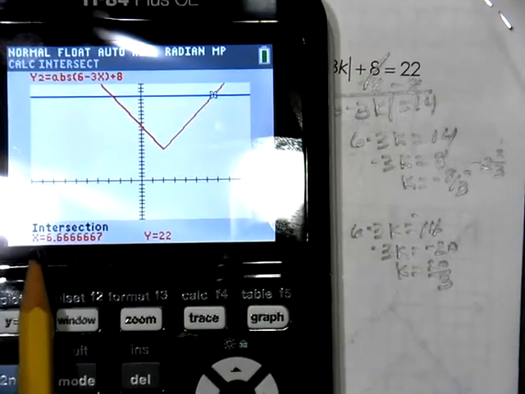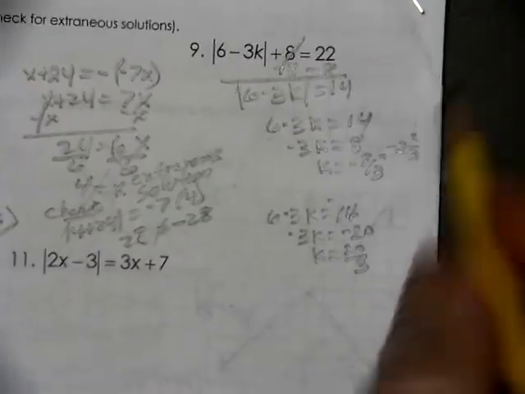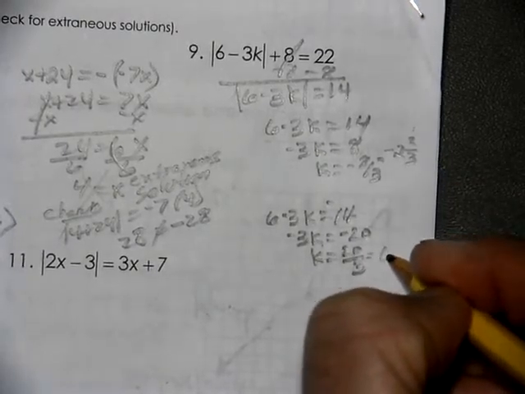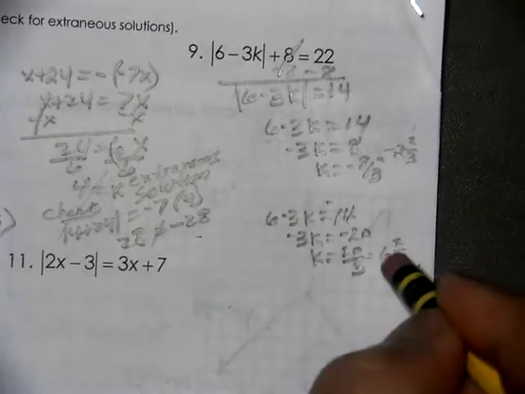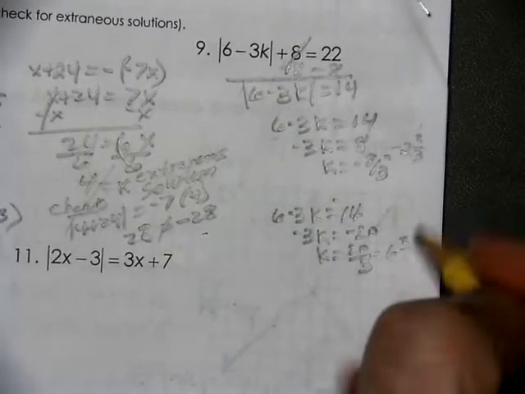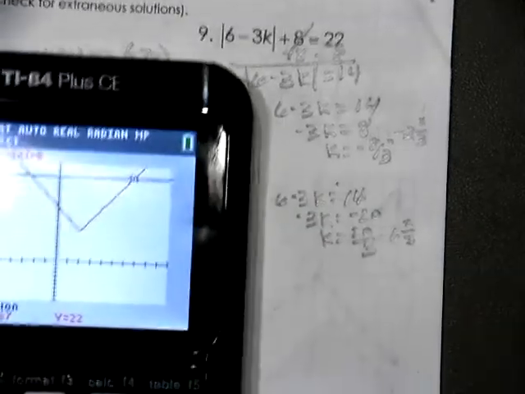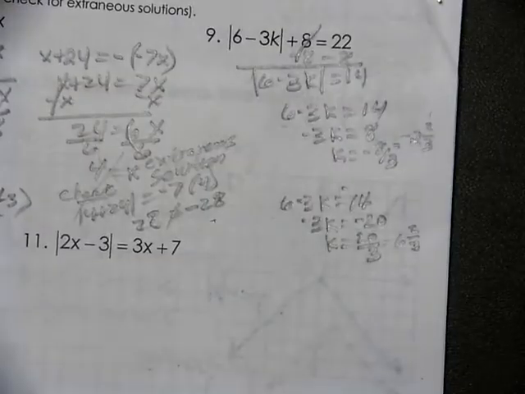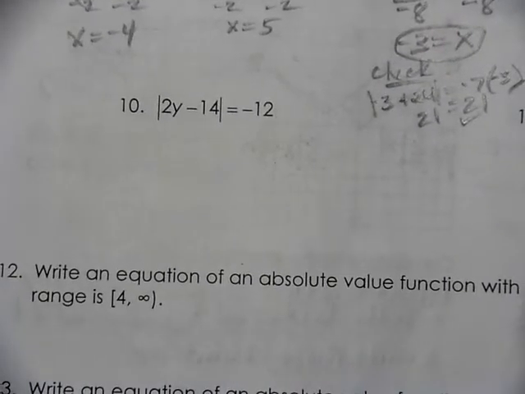I hit my answer. I get 6.66 and an answer of 22. Well, 3 goes into 20 6 times, which is 18, 19, 20. 6 and 2/3. So we verified, we checked it with our graphing calculator. If a calculator is available on your test, you can check your work. Not just get the answer, but you can check your work using your graphing calculator.